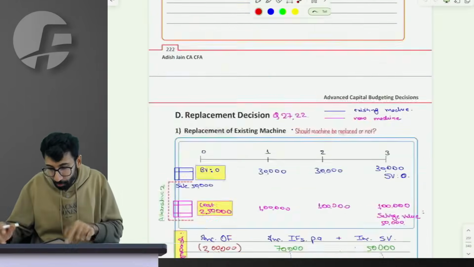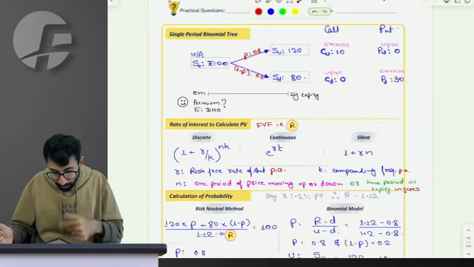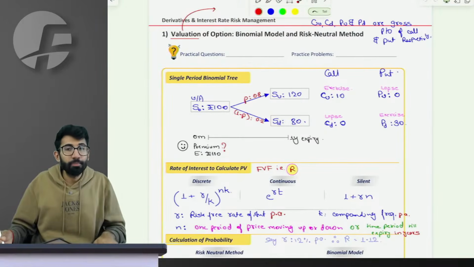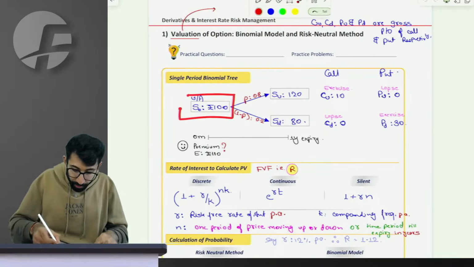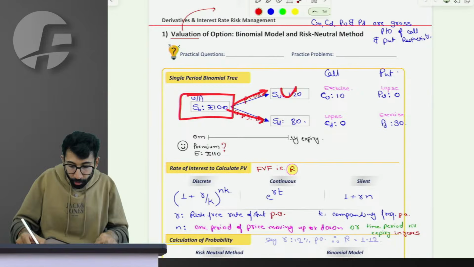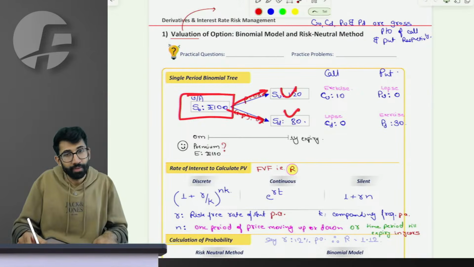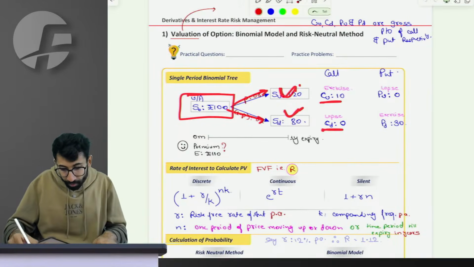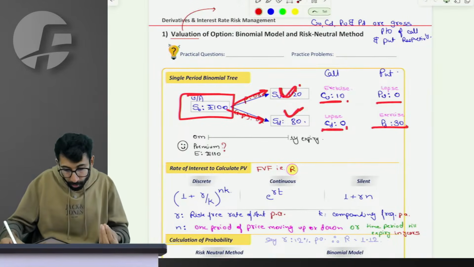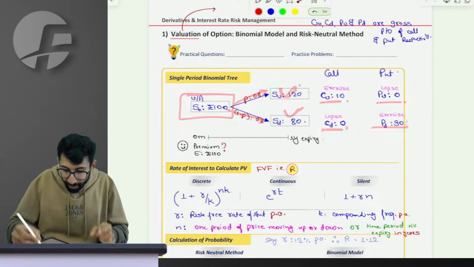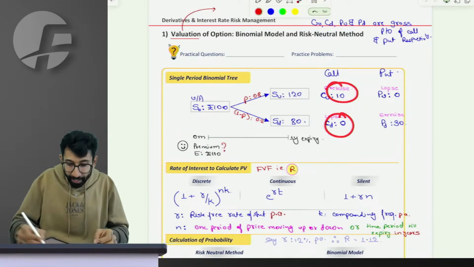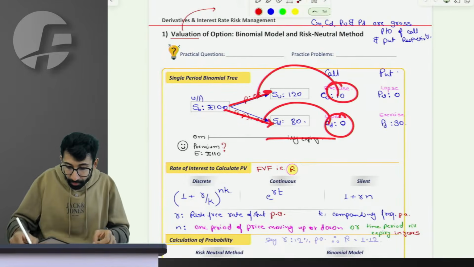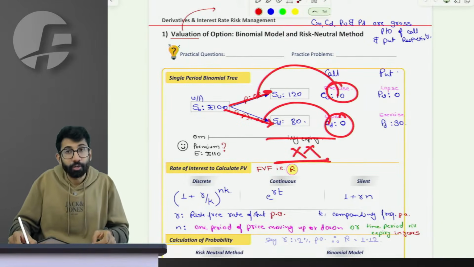For a moment I'll have to take you to derivatives for you to recollect the thought process. It is really simple. For the underlying asset, we know there can be two possible prices. If the price becomes this or this, what will be the payoff from the call option or the put option? Depending upon the payoff and the probability of occurrence, I am able to calculate the benefit I will receive from the option.